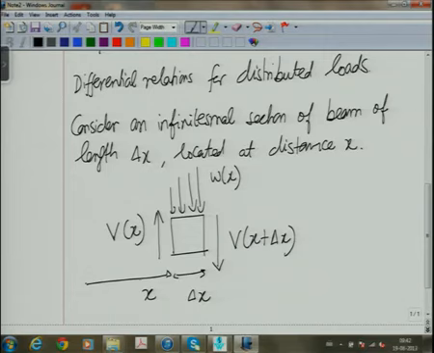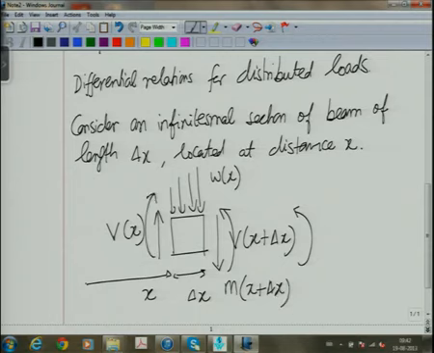The moment on this face I will put like this will be M at x plus delta x, and the moment here will be M at x. Okay, is that clear?